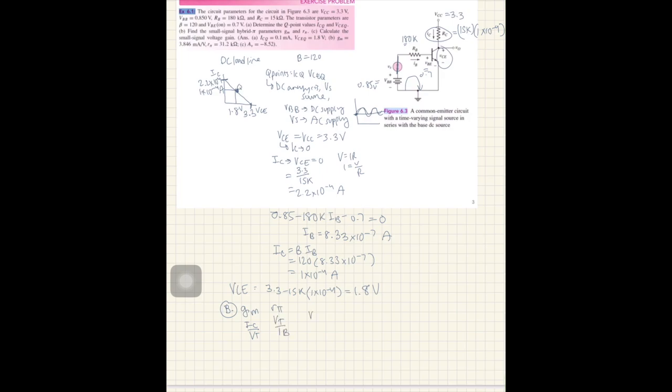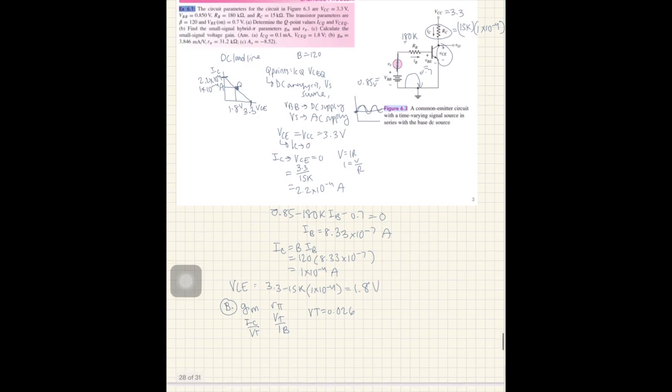VT is 0.026, which is from a temperature of 300 Kelvin.